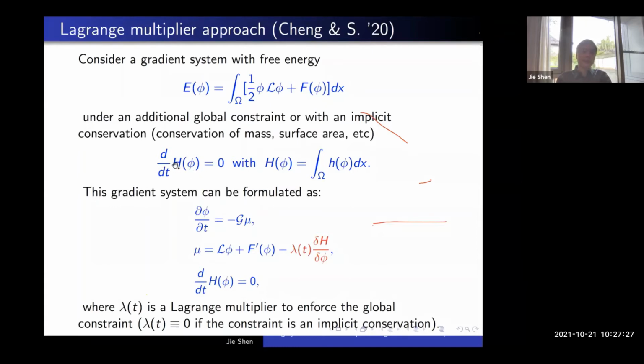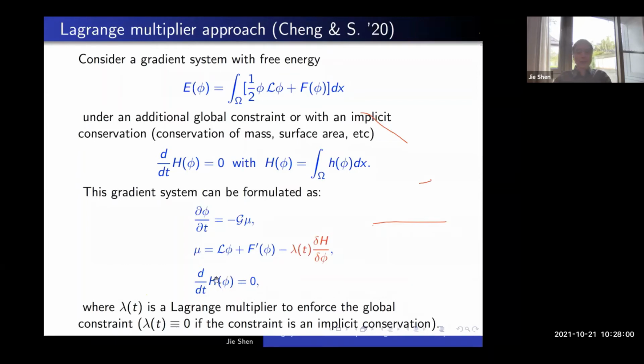Suppose I have a global constraint where h(phi) is some integral. And the idea is still the guiding principle of the SAV: for any global property, you can introduce one scalar variable. And here we are going to use a Lagrange multiplier, lambda(t), to enforce this global conservation.